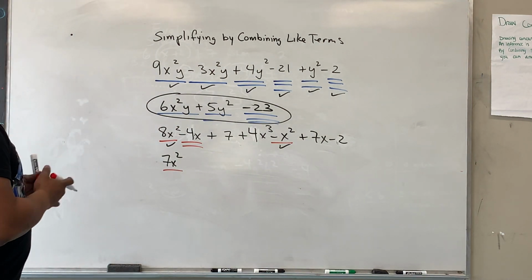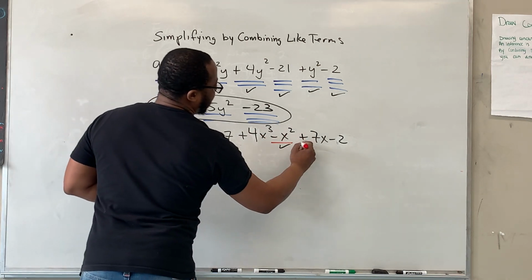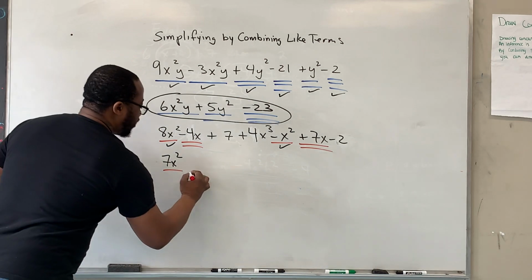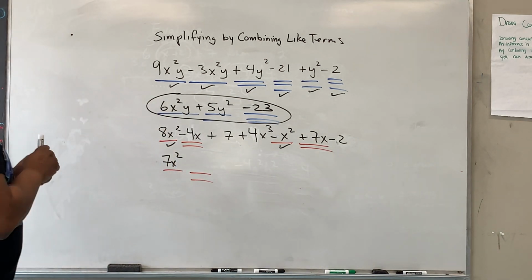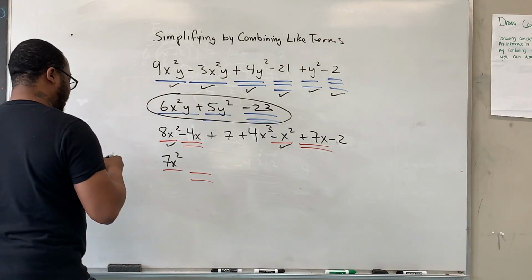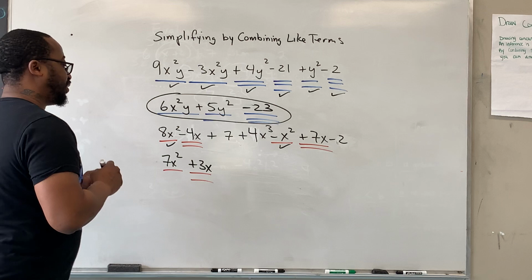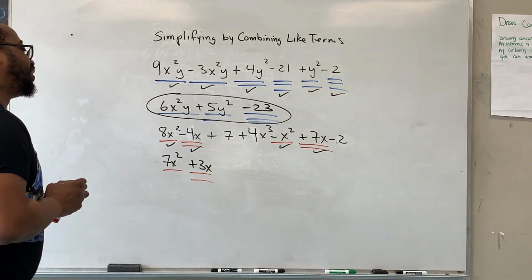Now I'm looking for anything that just has an x in it. The only thing that has that is this plus 7x, okay? So now I have a minus 4 plus 7. If I owe 4 and I have 7, guess what? I still have 3. Then I can check those off to let me know the double ticks are done.